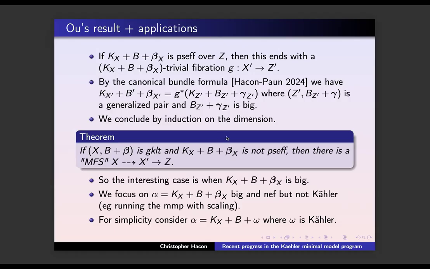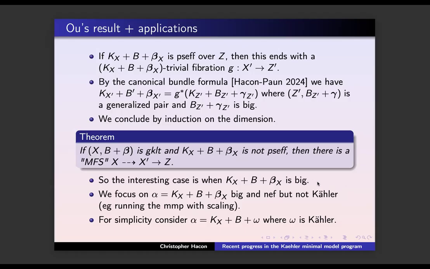And otherwise, if K_X plus B plus beta_X is pseudo-effective, eventually you end up in a lower dimensional case where in fact K_X plus B plus beta_X is big. So really the most interesting case to consider, I'm trying to convince you, is the case where K_X plus B plus beta_X is big.